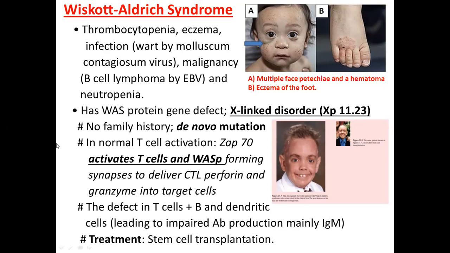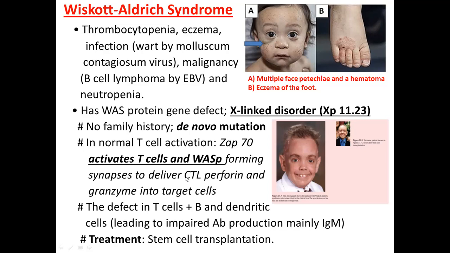What is the defect? Let me just review something that you had in your course of immunology. In a normal individual, T cell activation occurs via ZAP70, which activates the T cell. ZAP70 is one of the molecules that activate T cells, and WASP protein forms synapses to deliver cytotoxic T lymphocyte perforin.